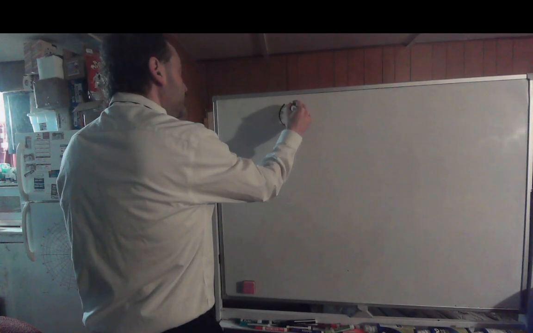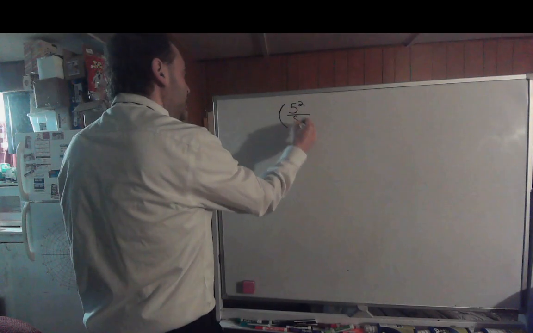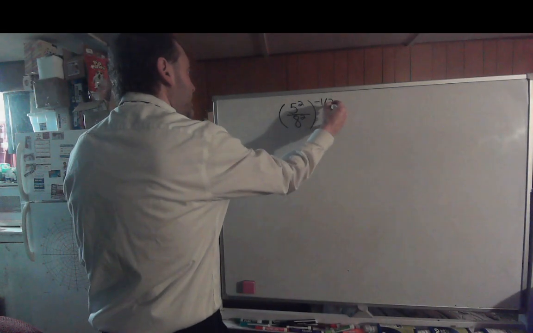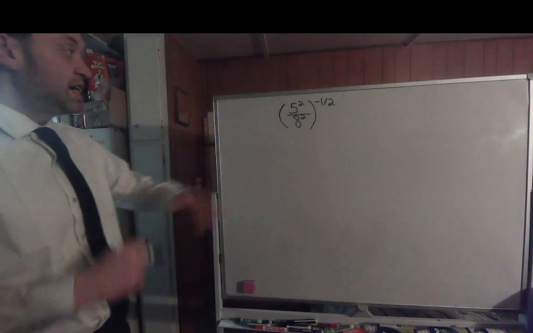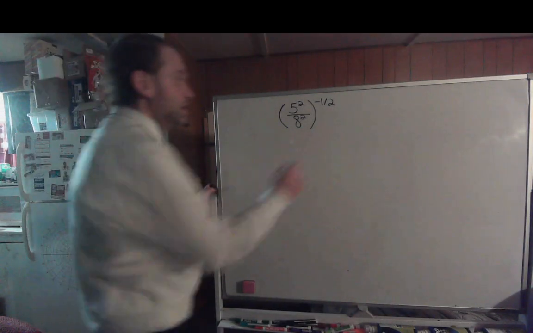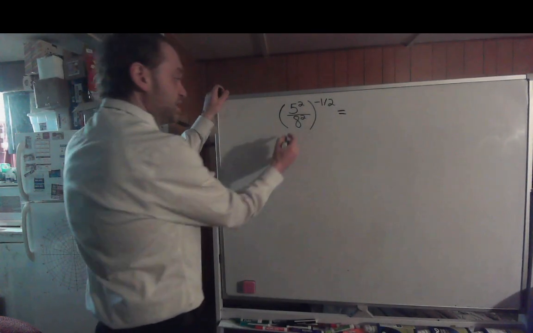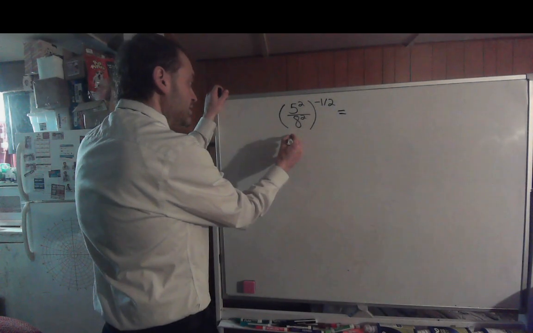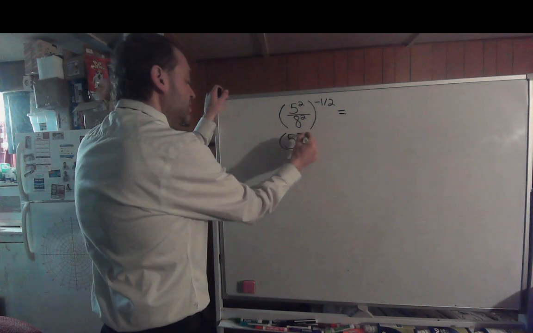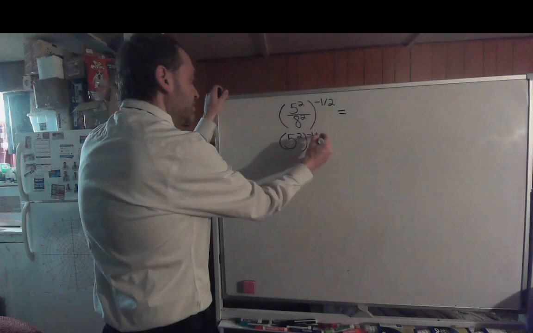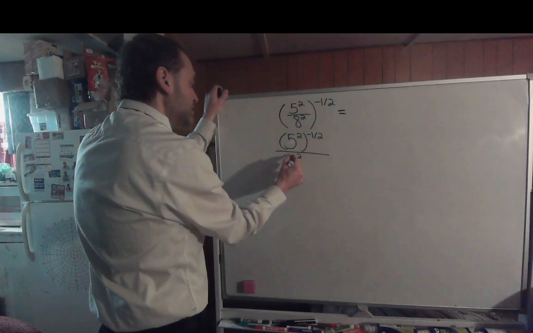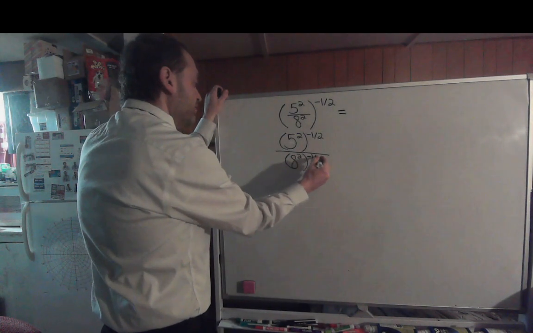So we have 5 to the second divided by 8 to the second, raised to the negative 1/2. Well, this is going to be the same as 5 to the second to the negative 1/2 power divided by 8 to the second to the negative 1/2 power.